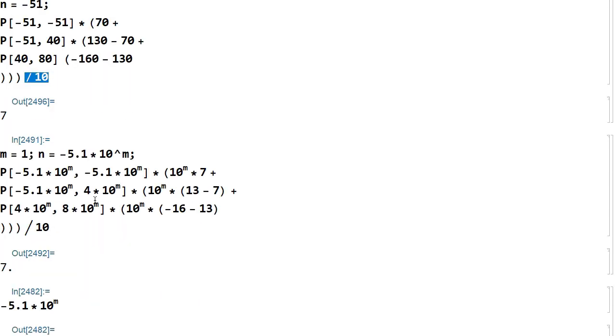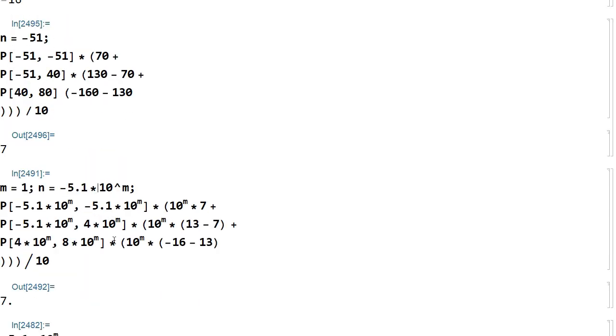So this is a way to do it generally. We just have the power of 10, which we have to determine when we construct the function for interpolation or curve fitting. And so when we type in enter, indeed at x equals negative, or in this case it's n, but that's the same as x as it has been throughout this video, at negative 5.1, it's supposed to be 7, and it is.